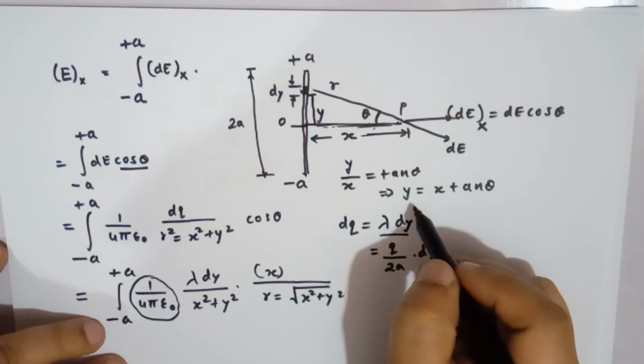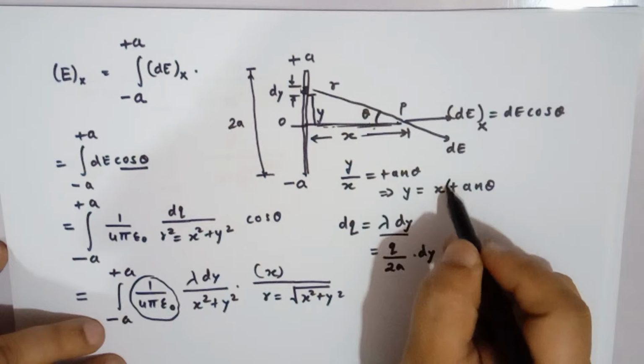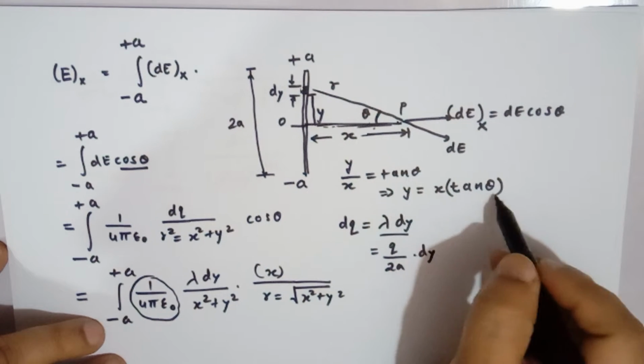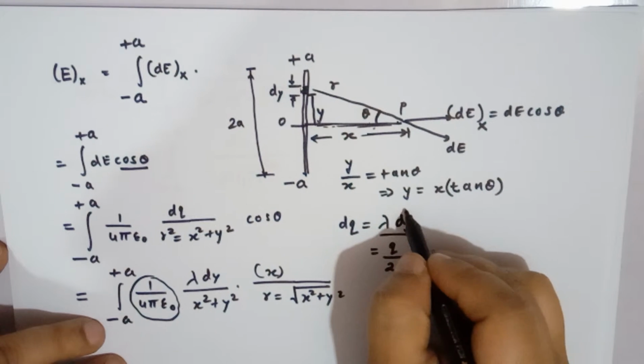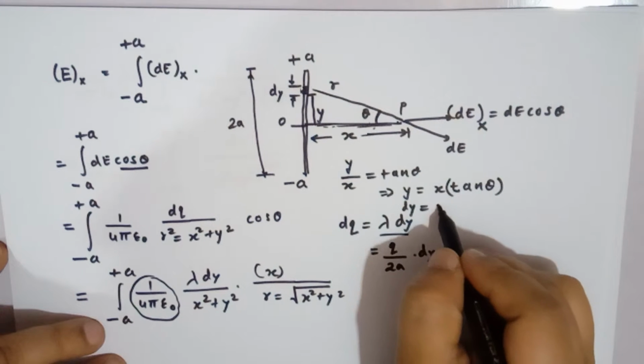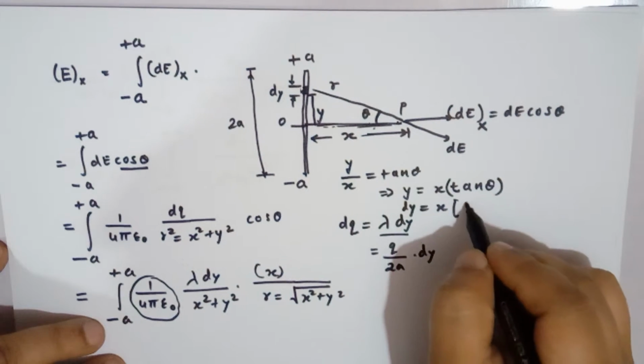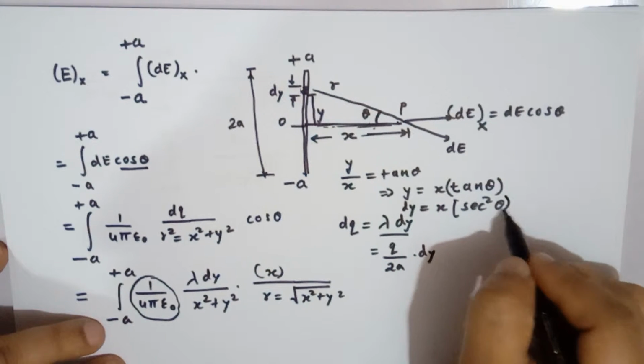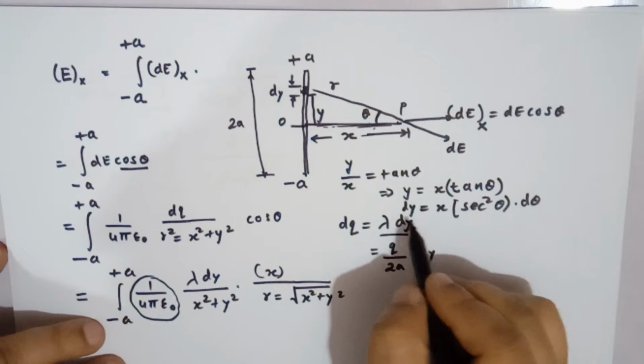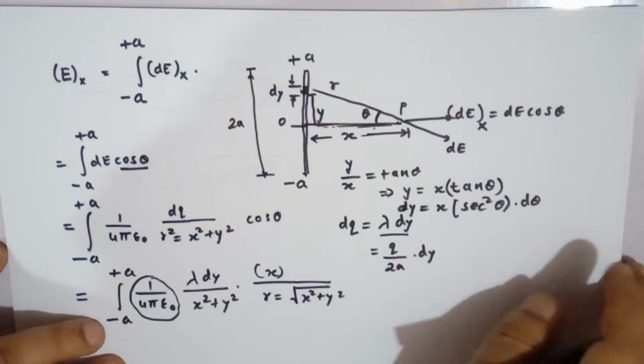So we are denoting y in terms of x, and x is a constant, and theta is changing. Likewise dy can be written as x, a constant, times the derivative of tan theta with respect to theta, which becomes sec square theta into d theta.